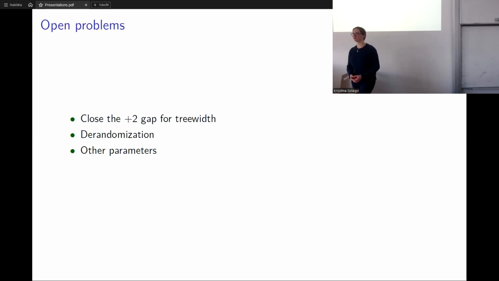But for cliquewidth, we don't know how to do it, because in all of these cases, we really use that we can detach and reattach the edges wherever we have vertices of the same label. But if it was weighted and these two edges were of different weights, we wouldn't be able to do this detaching and reattaching. So I don't know how we would do it.